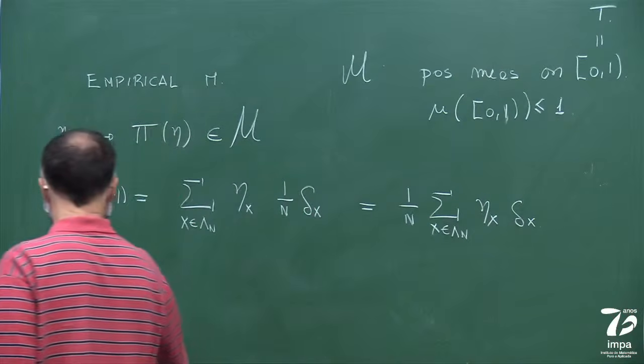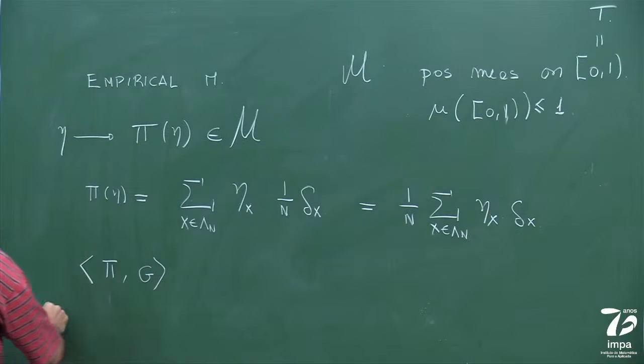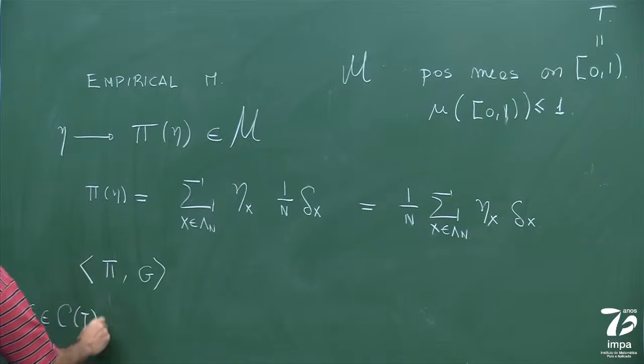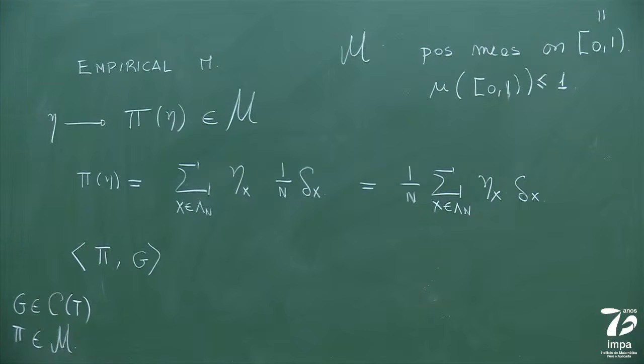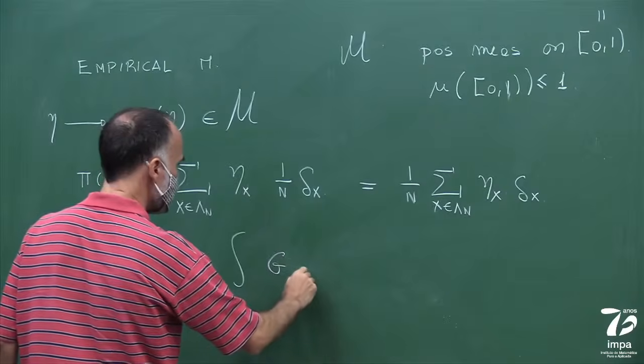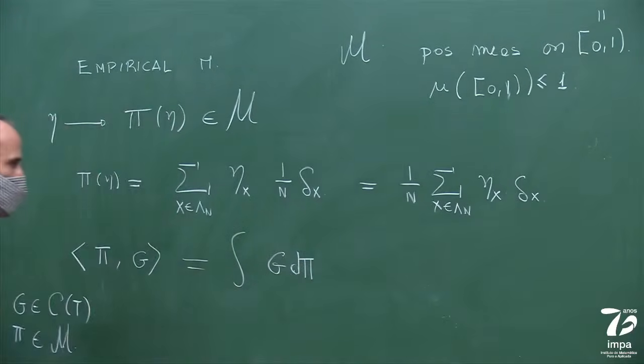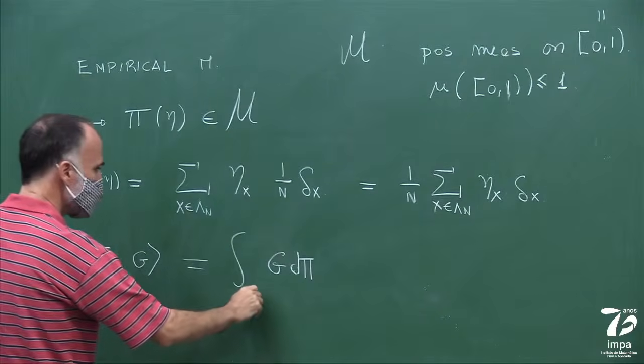Okay. And I will represent by pi g, if I take a continuous function g, and if I take a measure pi in M, the integral of g with respect to pi on the torus.